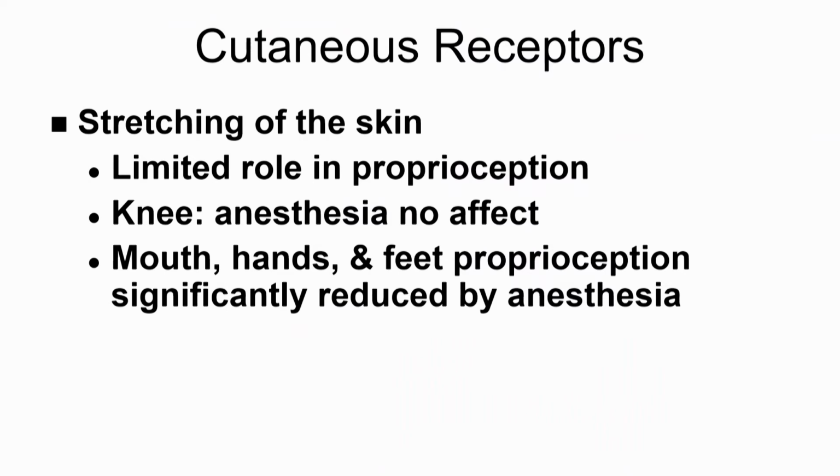Also, in the knee, anesthesia has no effect at all, whereas in the mouth, hand and foot, when you have anesthesia, the proprioception is significantly reduced. It means that joints and cutaneous receptors contribute to proprioception significantly.